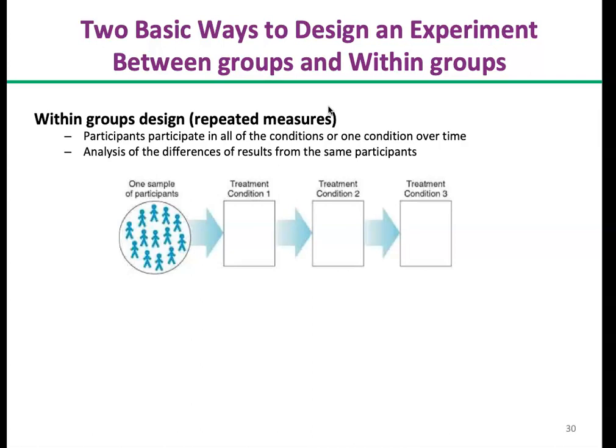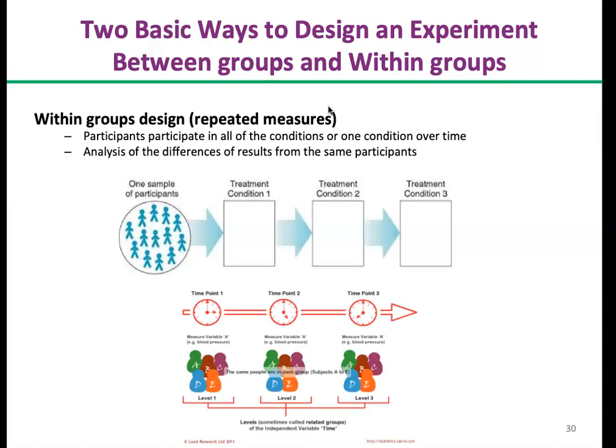Now, the reason you'd want to possibly do it in another 6 weeks or in 3 months is that it's great that it lasts 6 weeks, but is that it? Like, is this a sustainable change, this learning that they've done? So you're going to want to check it in 6 months, and you're going to want to check it, say, in 12 months and see how long the effect lasts. So that would be a repeated measures design. There's time point 1, time point 2, time point 3.